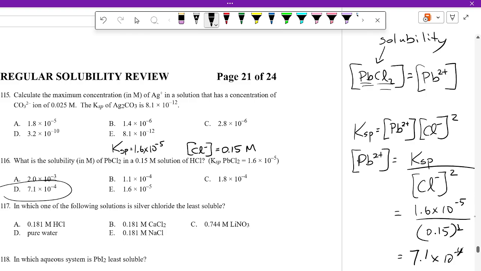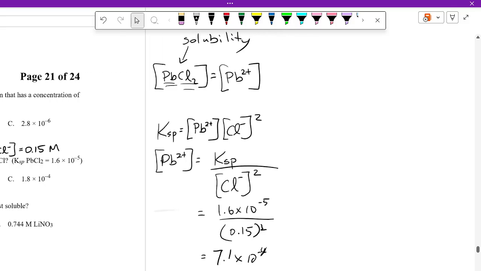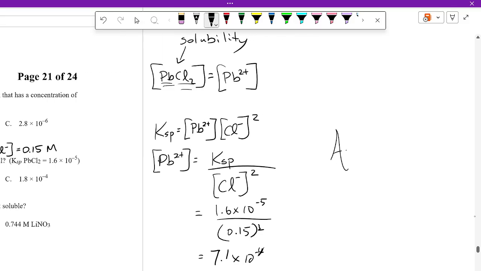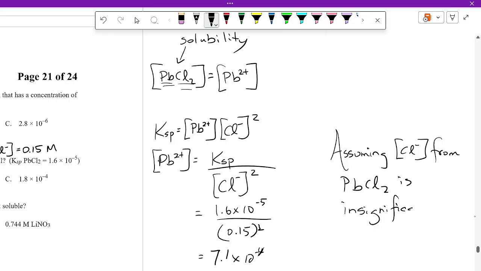What I'm doing is I'm assuming the concentration of chloride from PbCl2 is insignificant compared to the concentration of chloride from HCl.